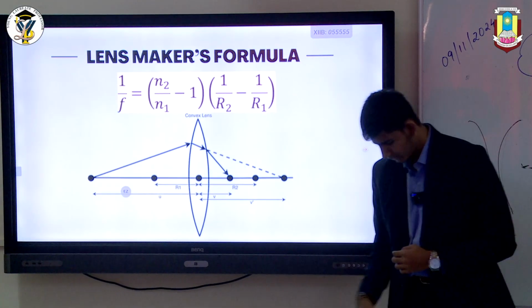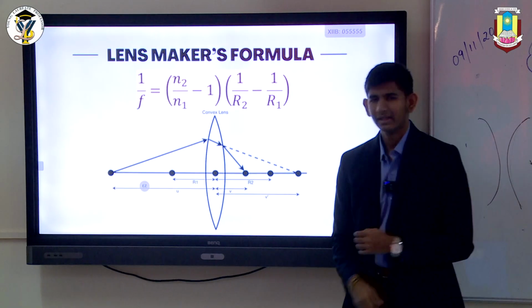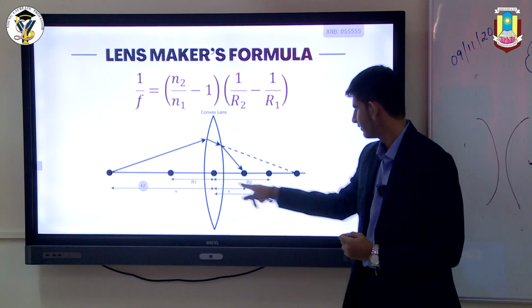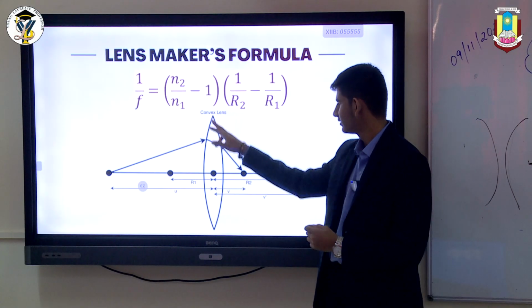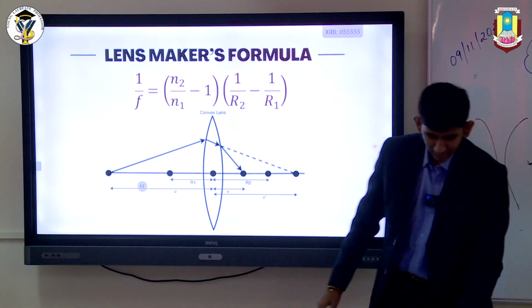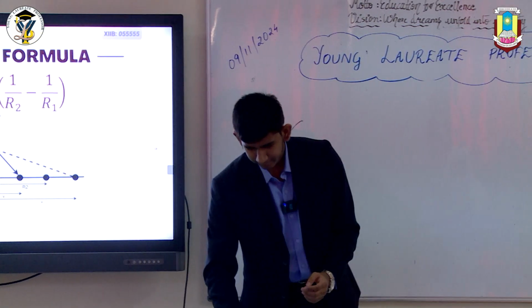I'll be using the terms face 1 and face 2. The radius of curvature of face 1, that is this face, is given by r2, and the radius of curvature of the second face is given by r1.